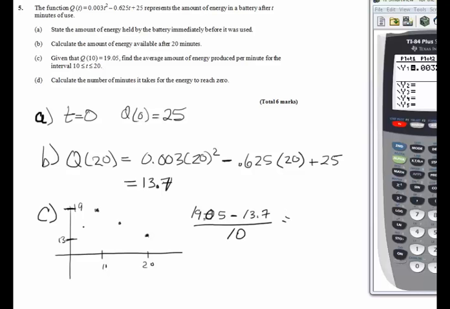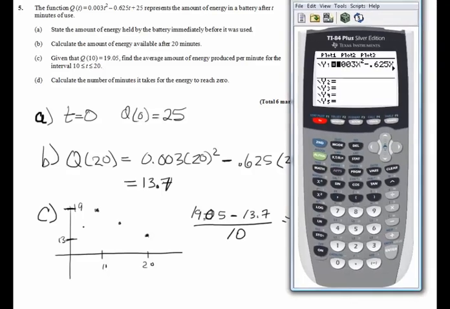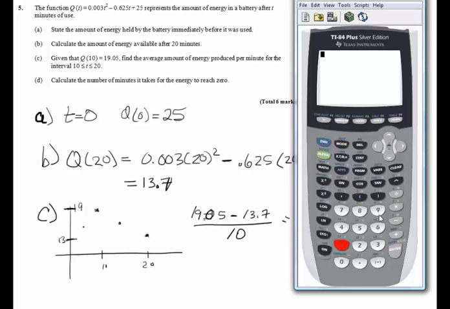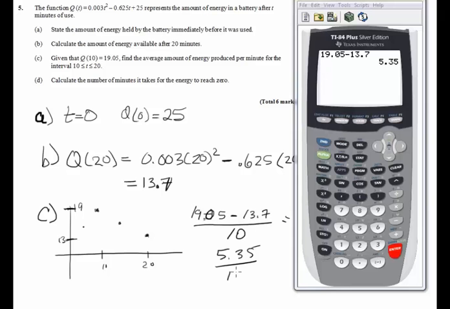And let me bring my calculator in here. Try that again. 19.05 minus the 13.7. What you're figuring out is, here's how much energy it used. 5.35, and it did that over 10 minutes. So the average amount of energy it was using is equal to 0.535.